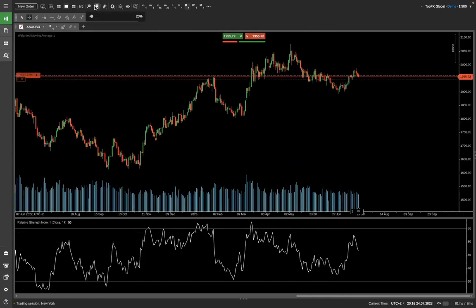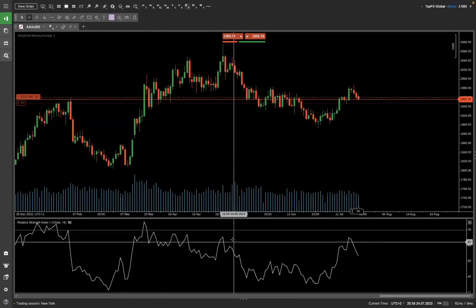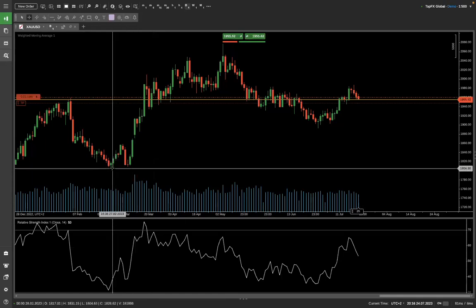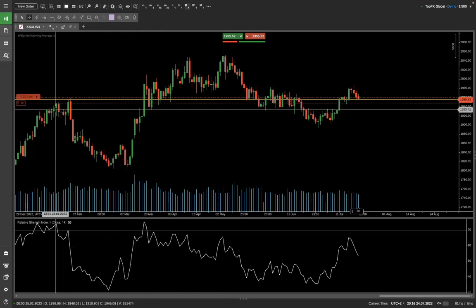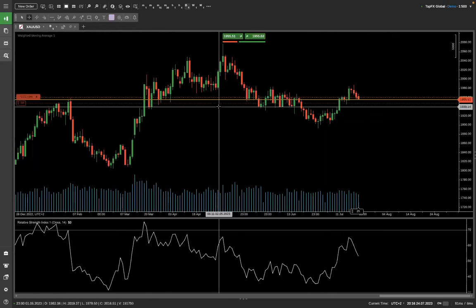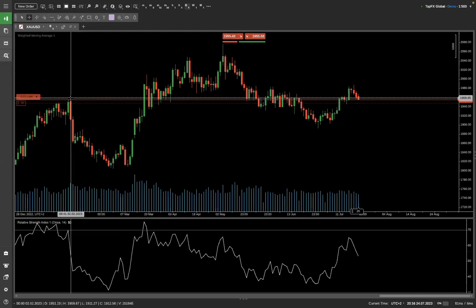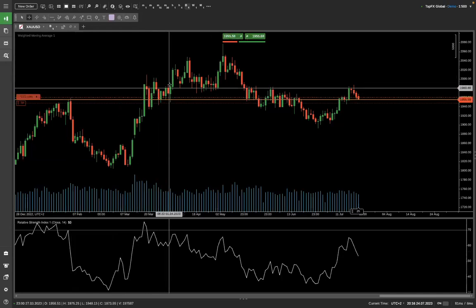And what do we see here? Let me zoom in, because we are going to concentrate on this part of the chart. So the price of gold is going up, it's going up, it's going up. We are breaking the high at 1958. We are still going up.